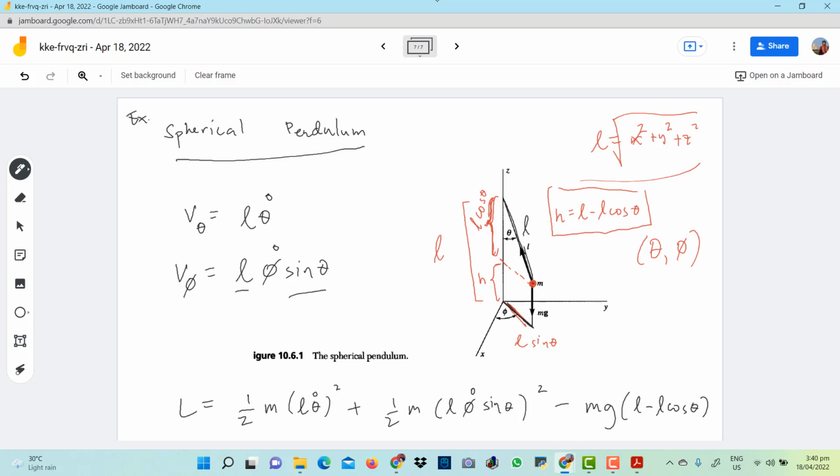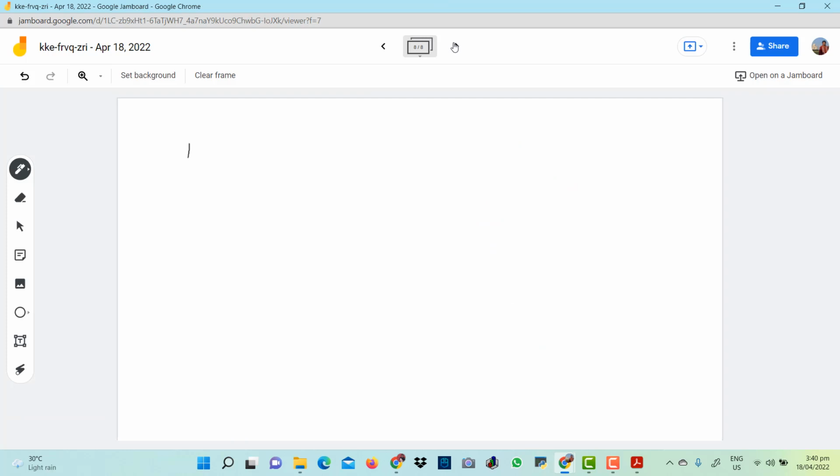So this is the Lagrangian of the system. If you simplify that, you will get 1 half m L squared times theta dot squared plus phi dot squared sine squared of theta, minus mgL times 1 minus cosine of theta.